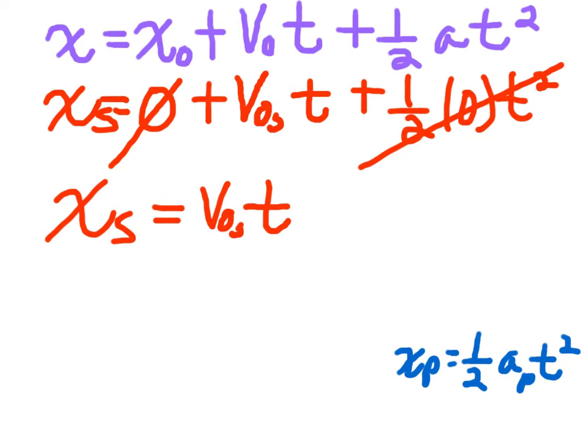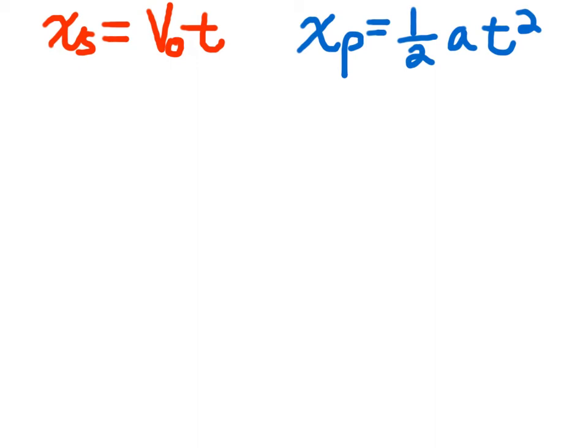So what started out as probably an intimidating equation has now reduced down pretty simply for both. We've got an equation for the speeder and an equation for the police car. On the next slide, I will set those equal to each other and help you solve for t. Alright, here are the two equations, and now I'm going to set them equal to each other in one big equation.